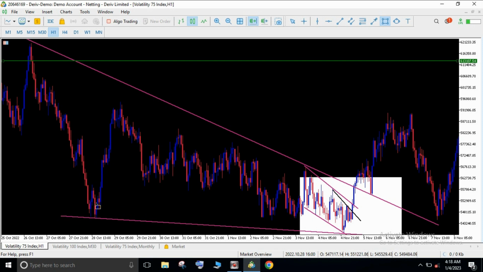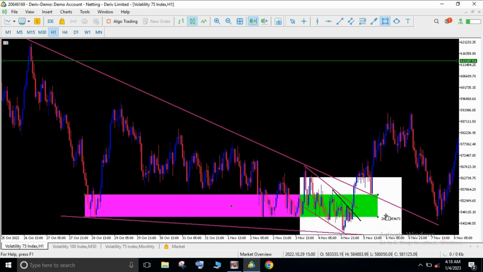So what you have to do is find the last bearish candle. This is our last bearish candle. You highlight from the high of that candle, including its wicks, to the lowest of that candle, guys. So this is our interested zone, so we highlight this.